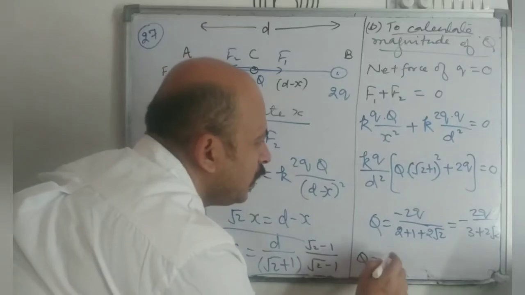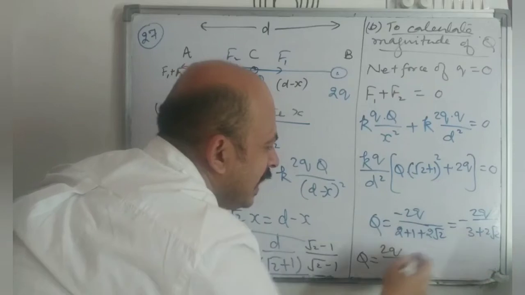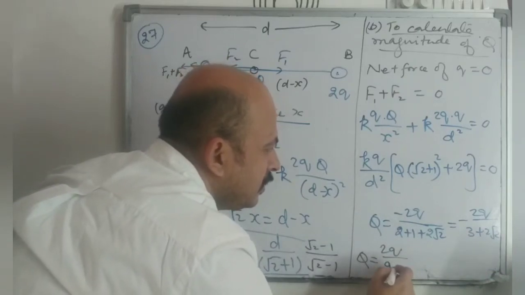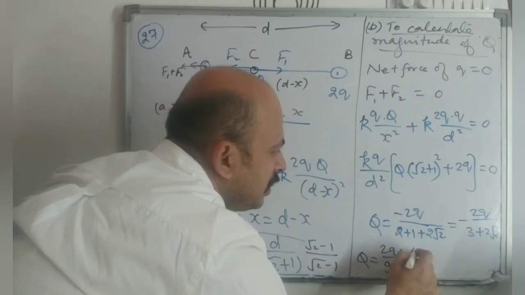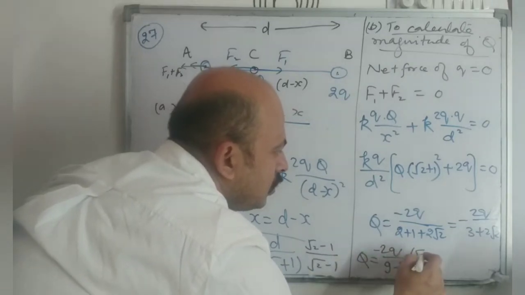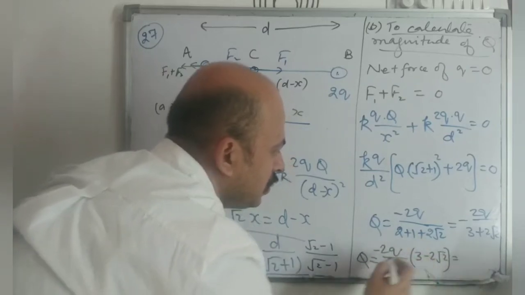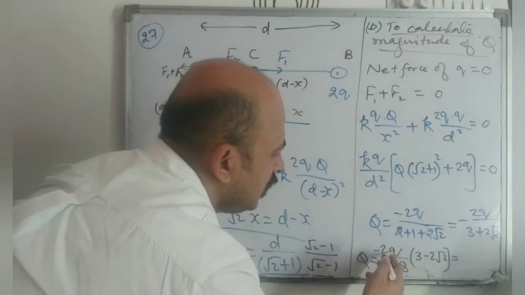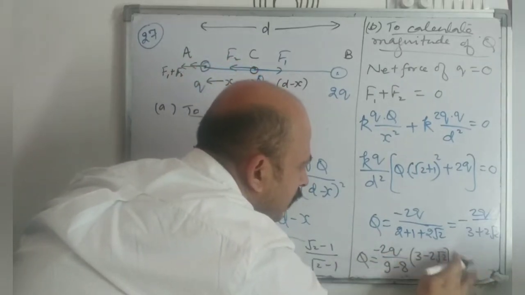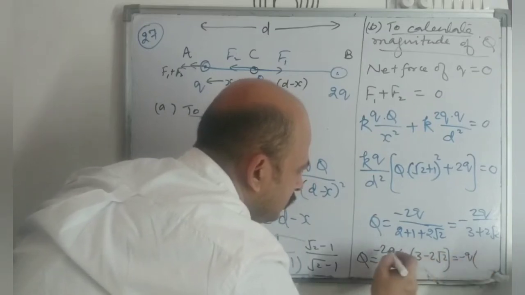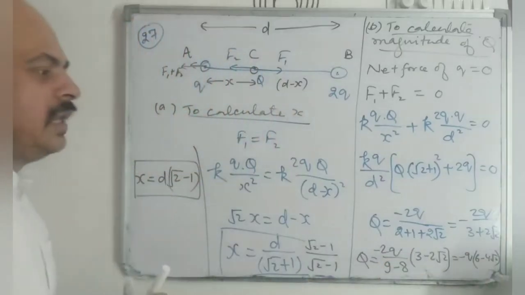That is Q is equal to 2q upon, if you rationalize, that becomes 9 minus 8, and here that will be 3 minus 2 root 2. So your answer is 1. If you multiply this, then it will be minus q times 6 minus 4 root 2. Now your answer will match.